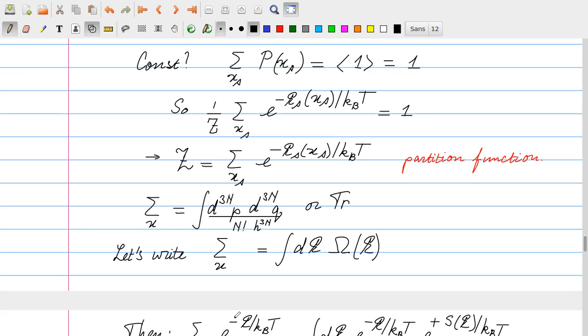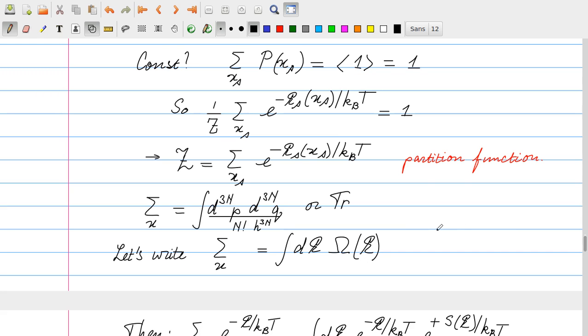So for each state I can calculate the energy of that state. And now I look at all the states that occur in a small interval dE. So we have seen that that is the number of states accessible to the system, so that's Omega(E).